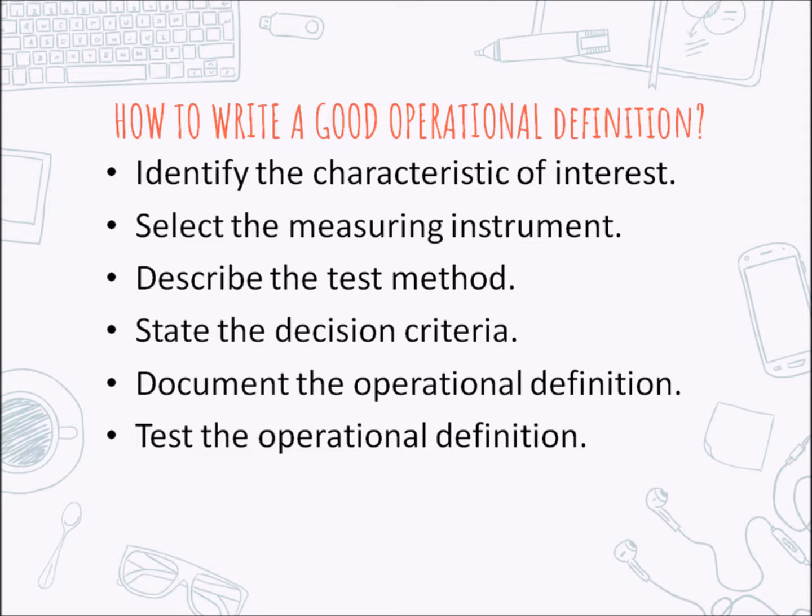Okay, then the next thing is we need to state the decision criteria. Actually, the decision criteria represents the conclusion of the test. There are several questions we can ask in our decision criteria to make sure we have good decision criteria.